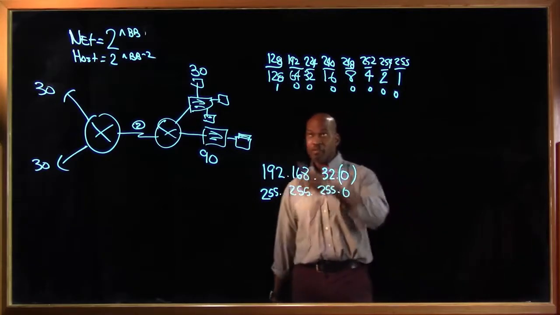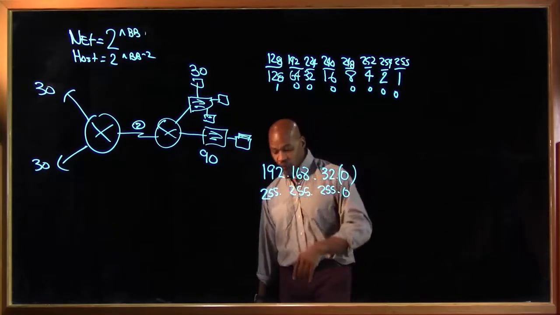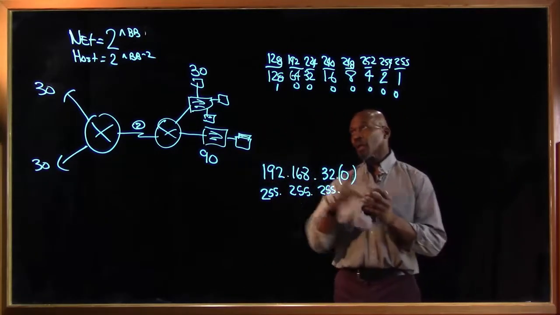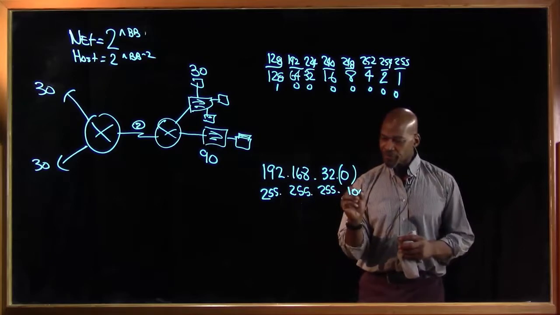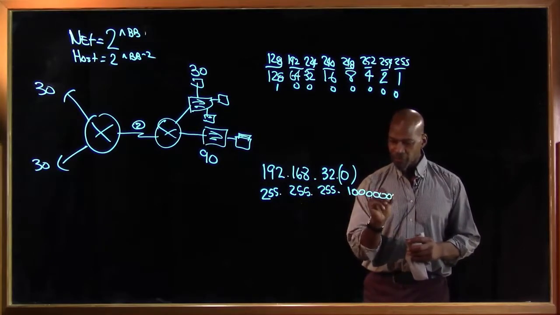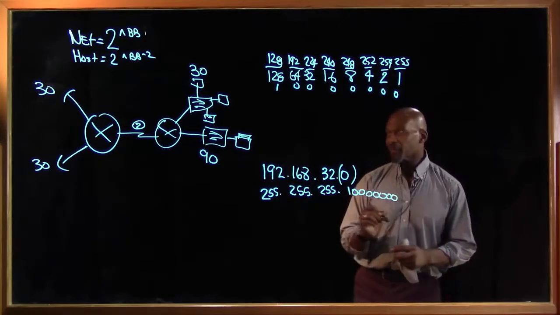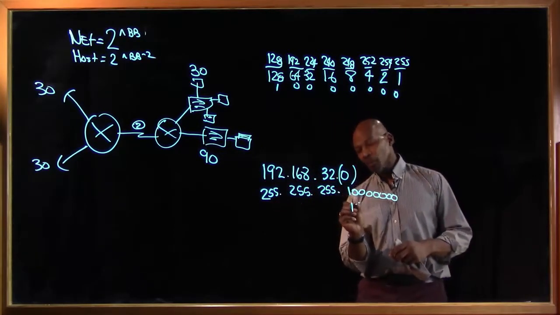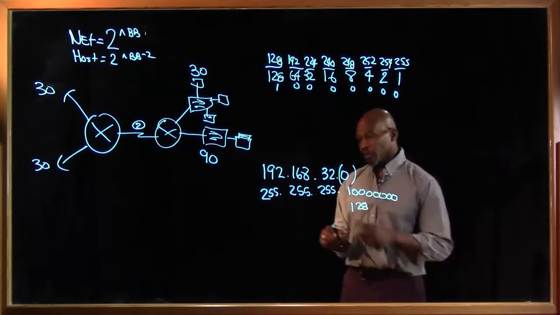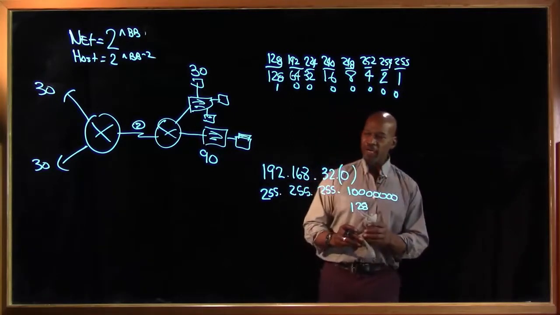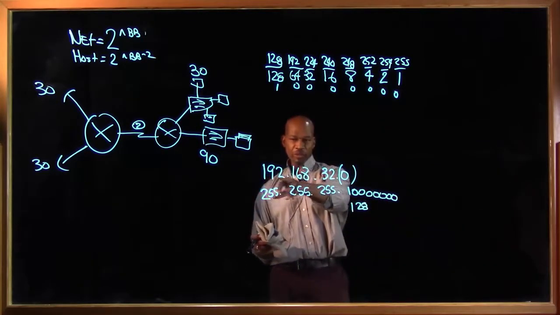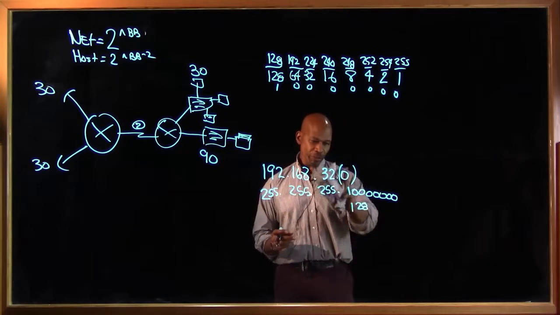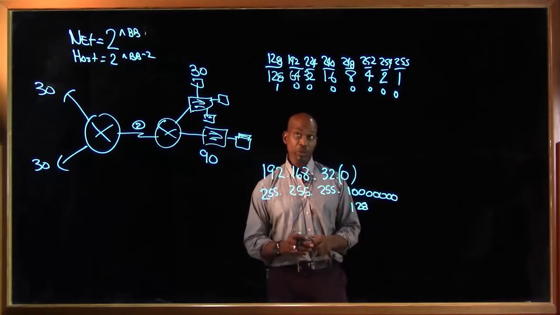So what we have to do, and if you look at this, if we wanted 90 hosts, this is very simple. I've already solved it. The answer is 128. So this is what we have: an IP address of 192.168.32.0 with a subnet mask of 128.